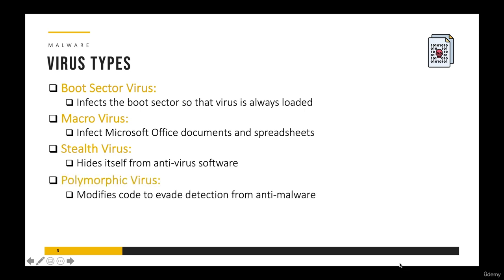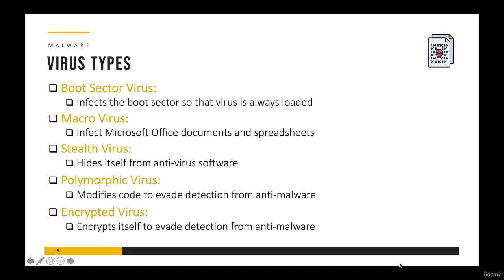So the next are polymorphic viruses. Now these viruses change their form, and by form we mean their code. So interestingly, these are viruses which change their own code dynamically. They change some segments of the code, obviously not all of the code. But the basic purpose is that if there is an antivirus system which is trying to detect this virus through some particular signatures, then the virus changes its code so that its signature changes and it can evade detection.